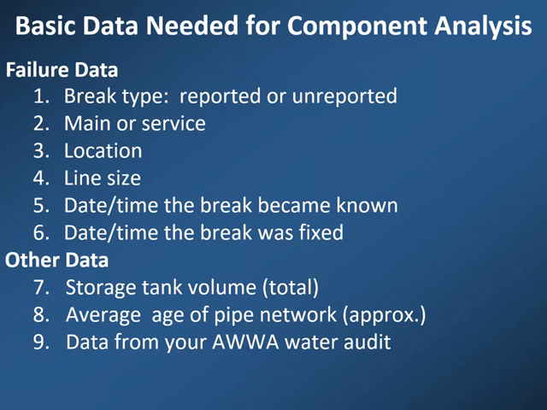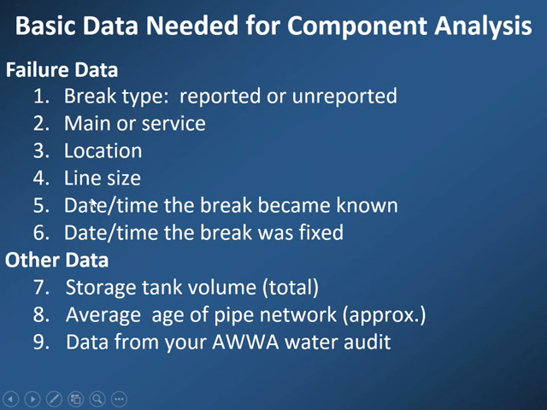Quick note on the type of data you can start to track if you're not tracking already, and this is one of the applied activities for our homework assignments in class, is the break type. Is it a main or a service? It's important to distinguish where a break or repair is occurring. Location of it, the size of the line, and a timestamp of when did you learn about the break and when was it fixed.